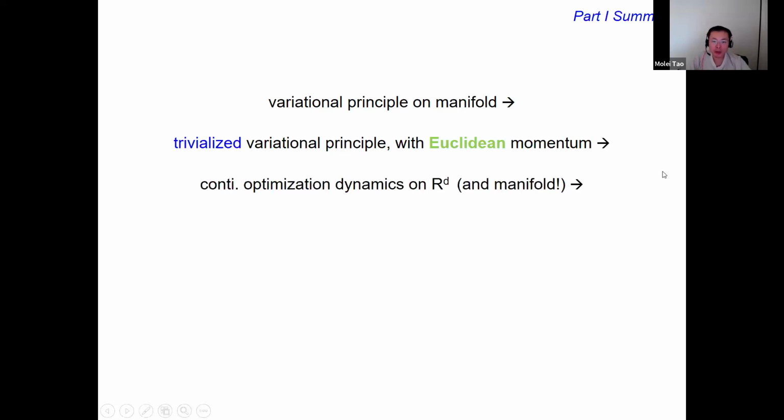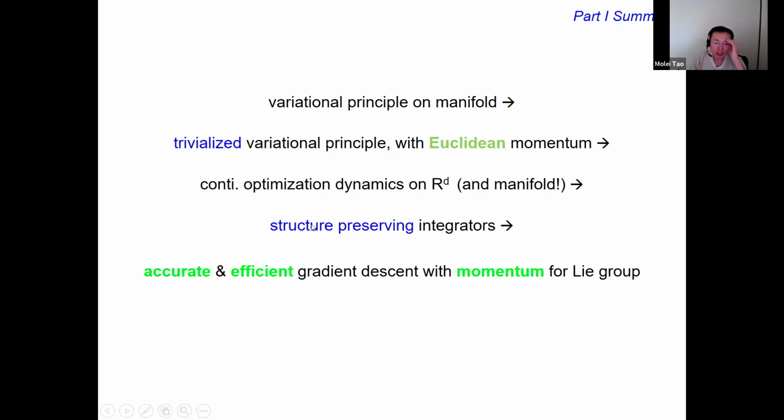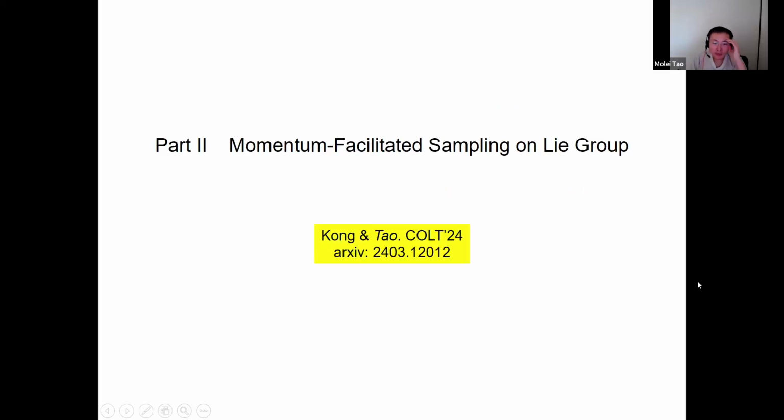And this is going to be really, really good because then we can actually do optimization pretending everything is on a flat space, but the dynamics and the optimizer actually secretly keeps everything on the manifold. That's of course because we have structure preserving integrators. As a consequence, we get an accurate and efficient gradient descent method with momentum on Lie group. Okay, so that finishes part one.